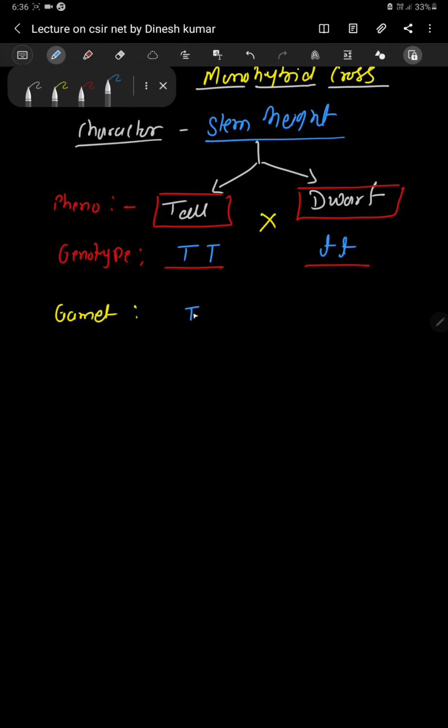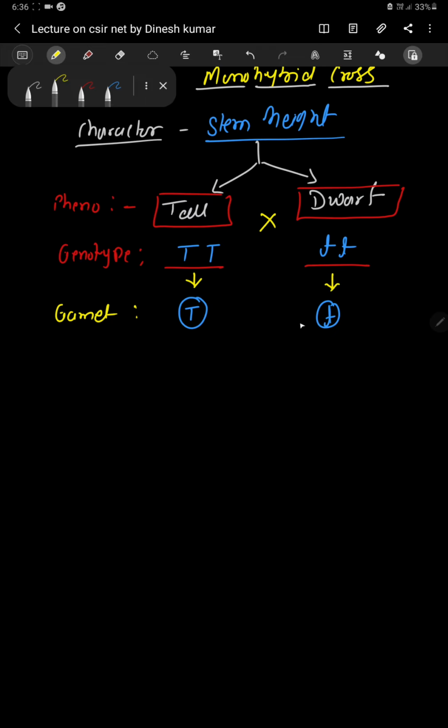So here we take one capital T, either from this or this. Similarly on the other side we get the small t during gamete formation.